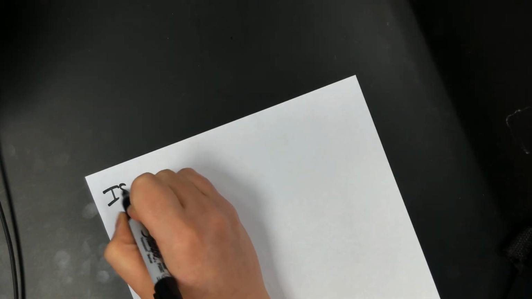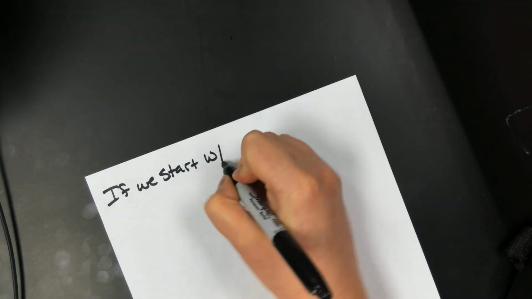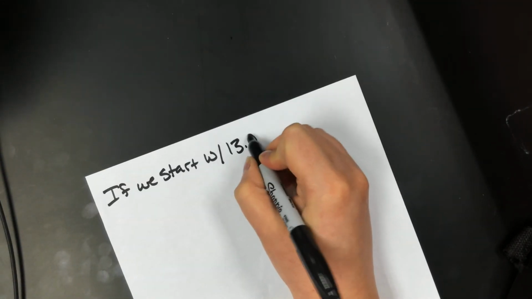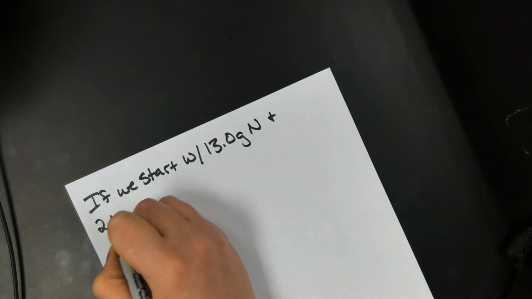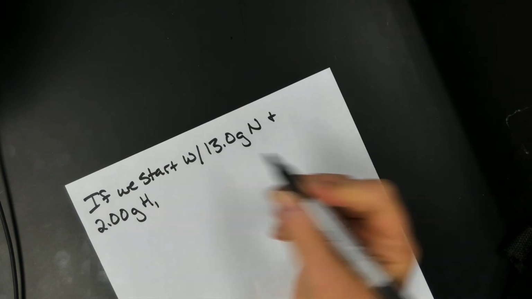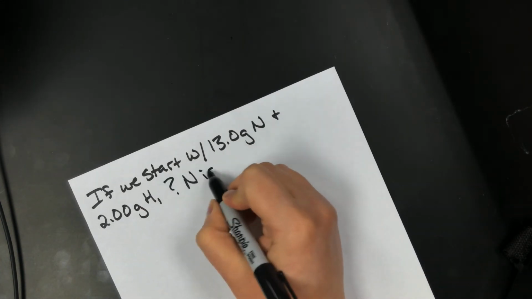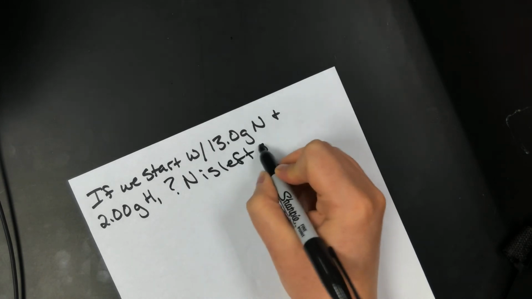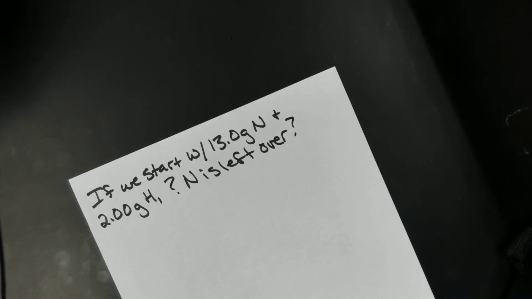So their question here is, if we start with 13.0 grams of nitrogen and 2.00 grams of hydrogen, they want to know how much nitrogen is left over. Let me triple check. Yep, they want to know how much nitrogen is left over.